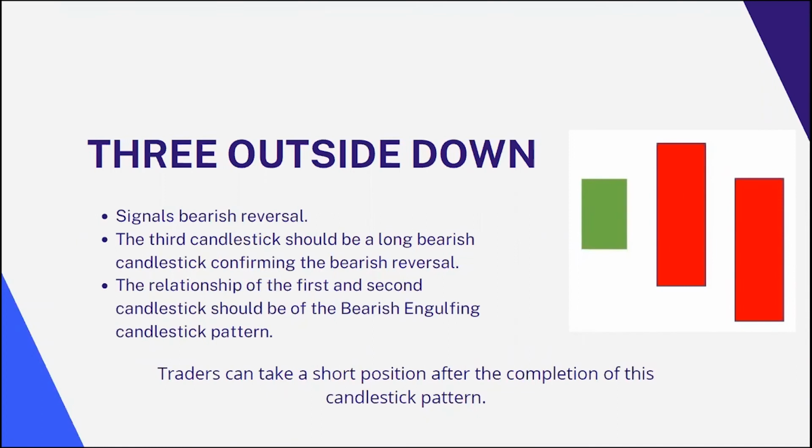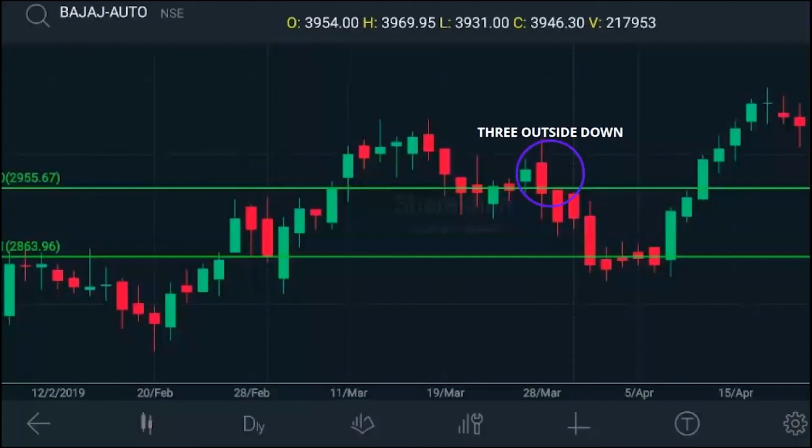And finally, we have another pattern called 3 outside down. This again is a 3 candle pattern in which the second candle is forming a bearish engulf pattern and the third one is again a bearish candle to confirm that the price is likely to go down. Let us look at a real-time example of this one also.